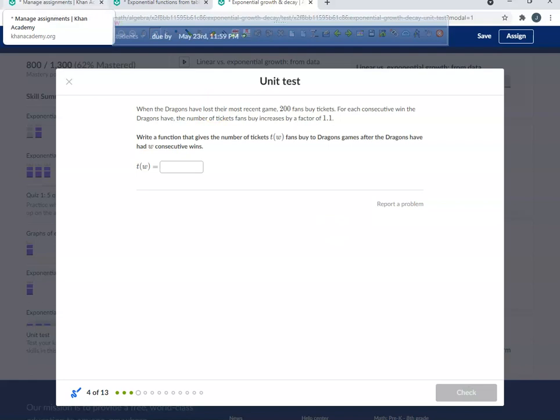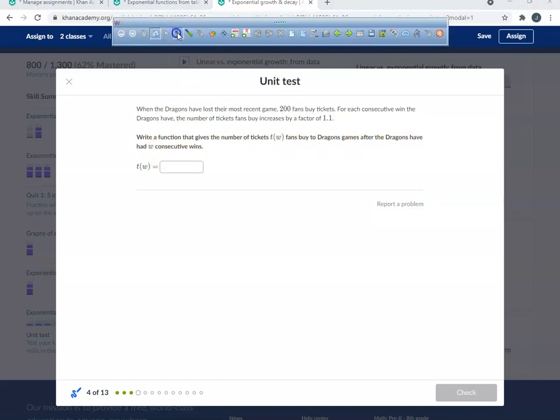When the Dragons have lost their most recent game, 200 fans buy tickets. For each consecutive win the Dragons have, the number of tickets increases by a factor of 1.1. Write a function that gives the number of tickets to buy after the Dragons have won W consecutive games.